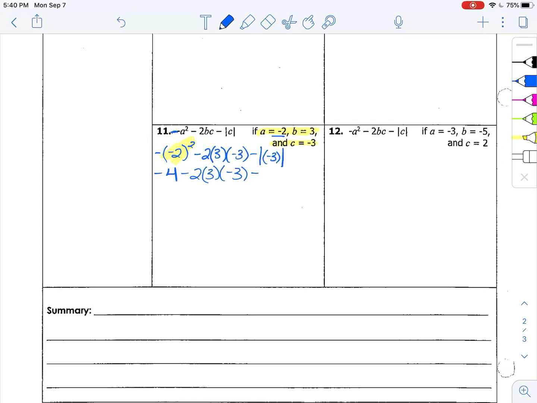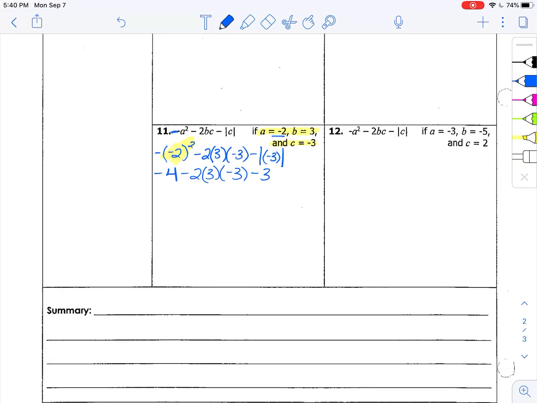So I'm going to go ahead and do it in this first step. So the absolute value of negative 3 is positive 3. Remember, absolute value is the distance from 0, and distance always has to be a positive value.